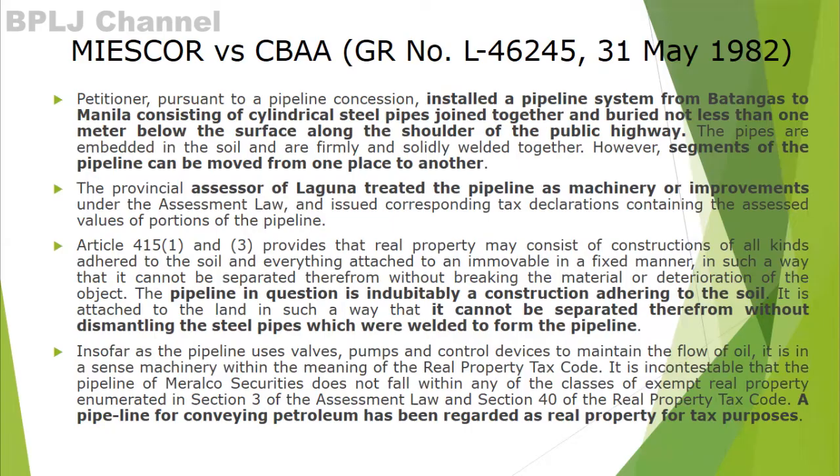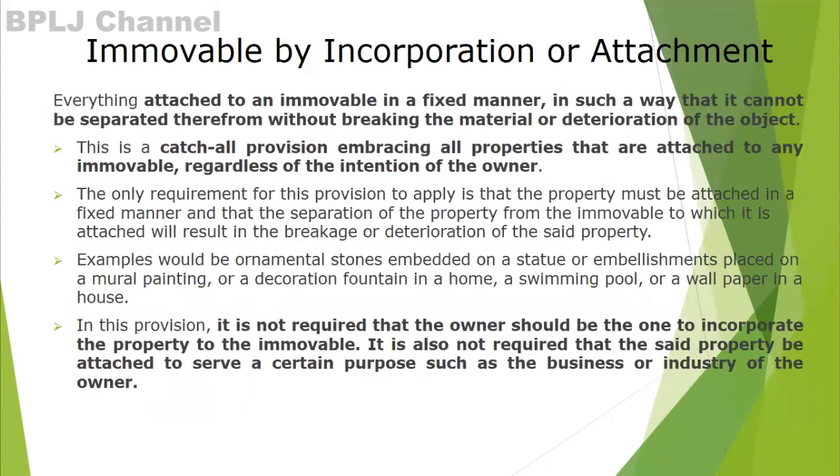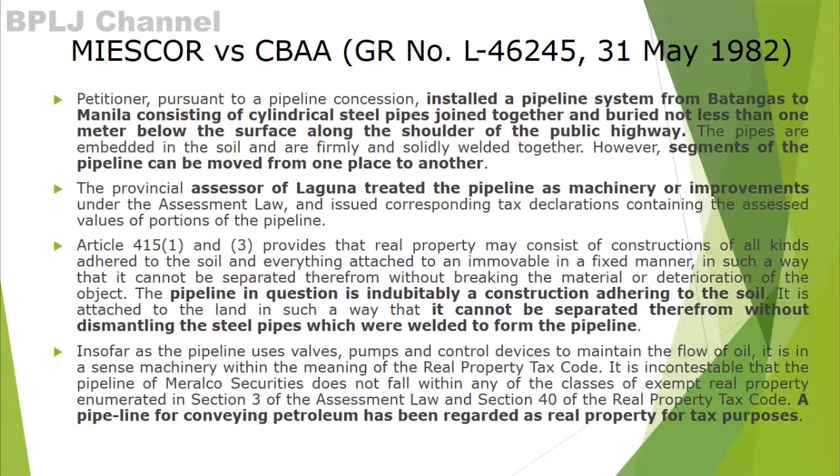So it fell under the catch-all provision, which is everything which is attached to an immovable in a fixed manner that it cannot be separated without breaking the material or causing the deterioration of the object. So according to the case of Mies Score, the pipeline cannot be separated without dismantling the steel pipes which were welded to form the pipeline.